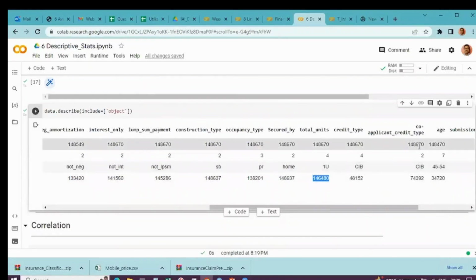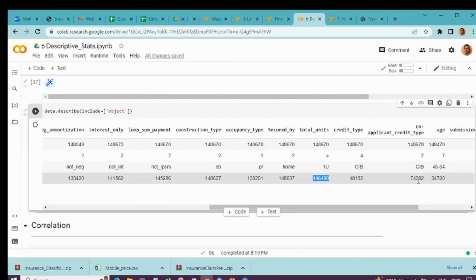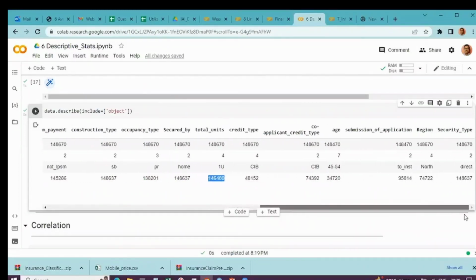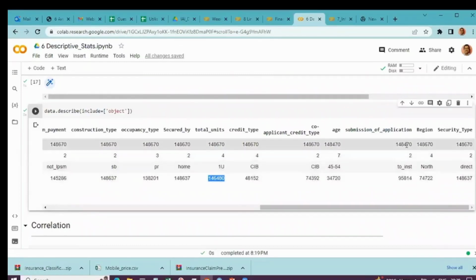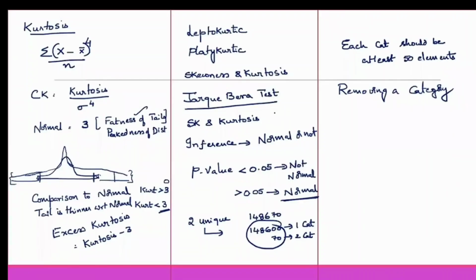Co-application credit is looking pretty much fine, only 2 categories, but 74,000 for one of them. Age is showing 7 categories, at least the major category is somewhere around this. Right, sometimes, okay, I'll also tell you there is one more criteria that we talk about, the highest frequency to the next highest frequency.